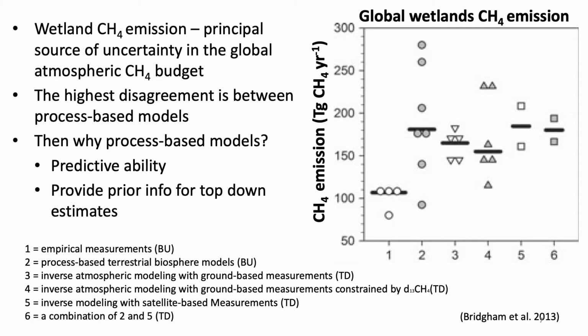The figure on the right shows the global wetland methane emission budget estimated by different methods. The second column is showing the estimate from different process-based models, and it is showing the largest disagreement between different model members compared with other methods.